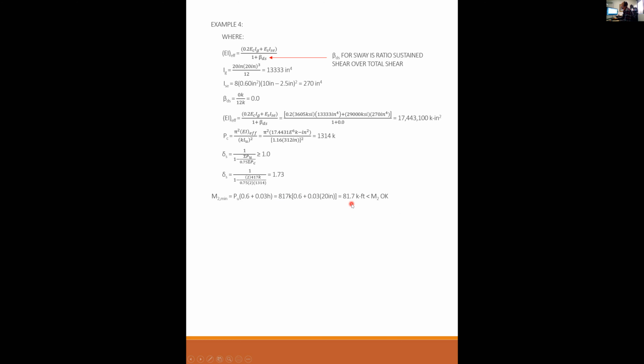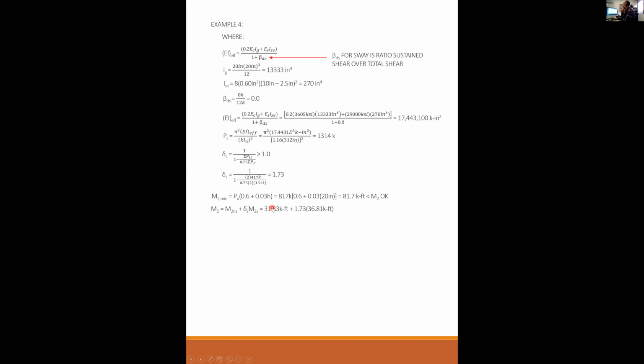But 81.7 either way is less than the applied moment M2. So M2, this is the part that matters. M2 is equal to the non-sway component plus delta times the sway component in that column. And it's the larger of whichever end.